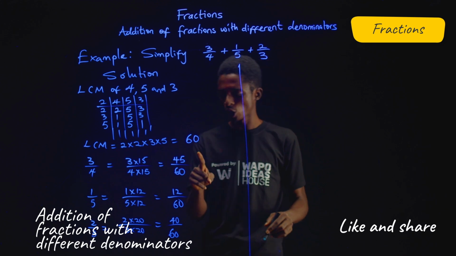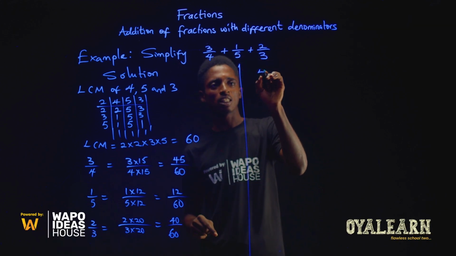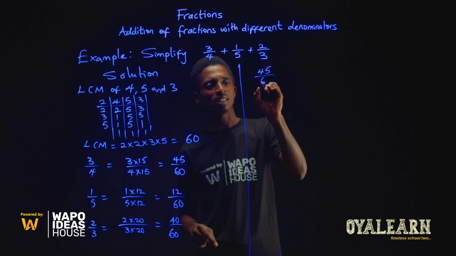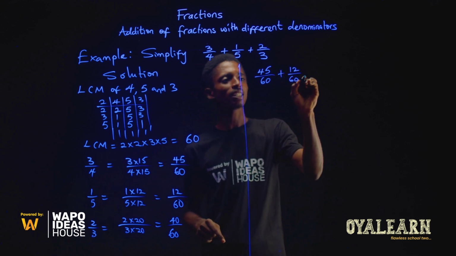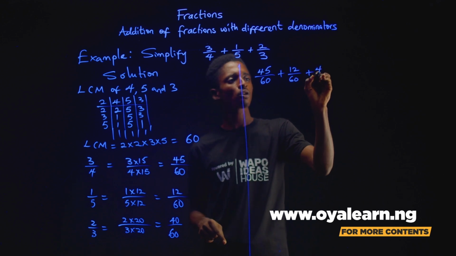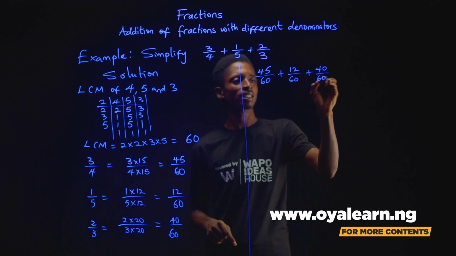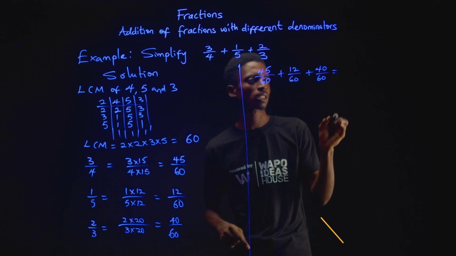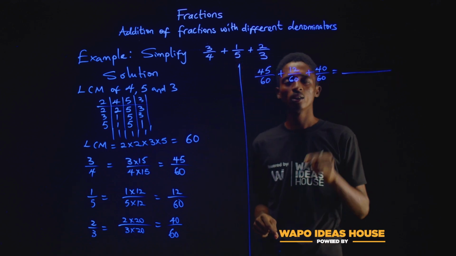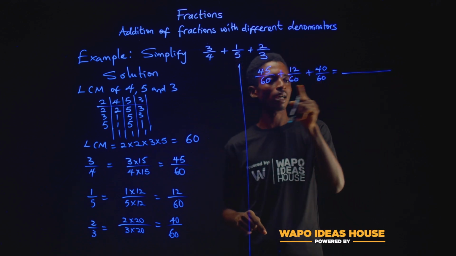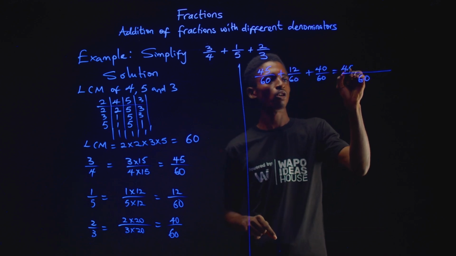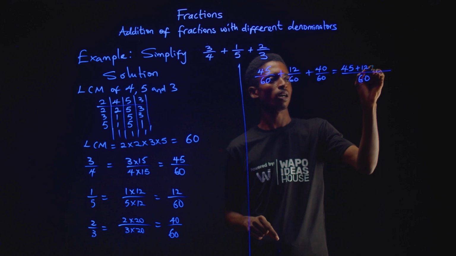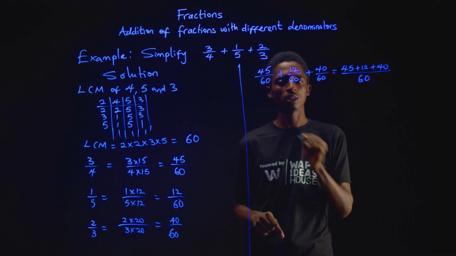Now we'll perform the addition of these 3 fractions. That is, we have 45 over 60 plus 12 over 60 plus 40 over 60. Now what does this give us? We draw the division line and then we write down our common denominator and then add up the numerators. 45 plus 12 plus 40.